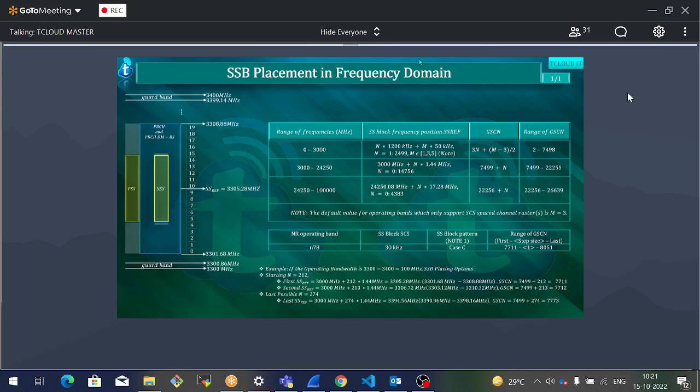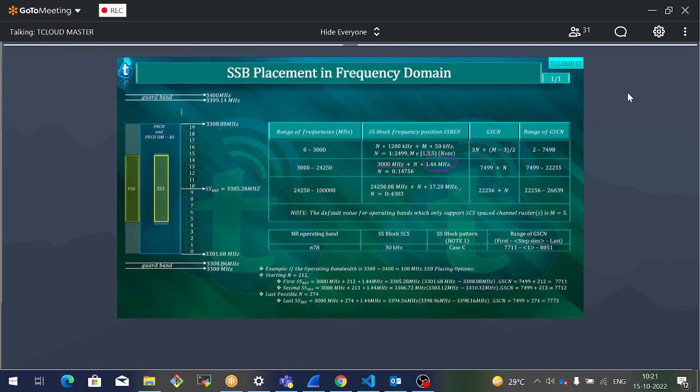For example, in this scenario, you are starting with 3000 megahertz, which is the 3 gigahertz block. Now you can place your SSB block by taking this 1.44 megahertz as a reference point.